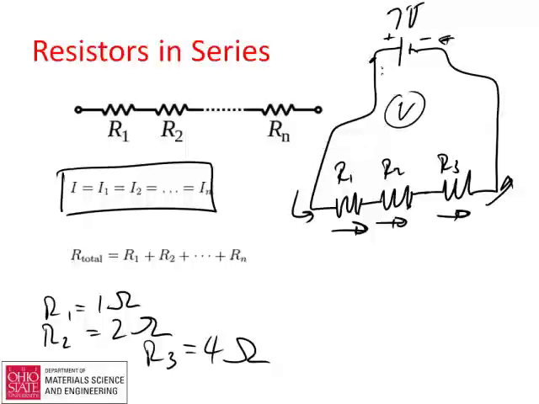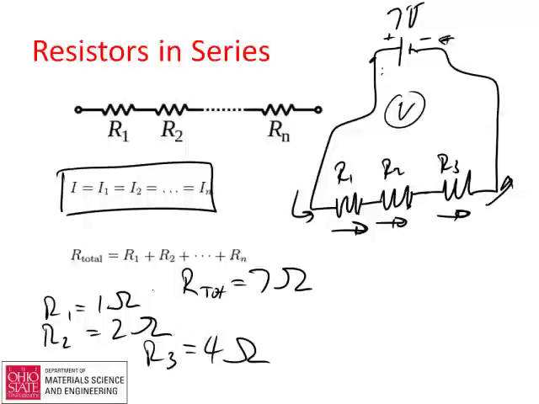Okay. So now, let's take on faith that the total resistance is equal to the sum of R1, R2, and R3. So if R1 is 1 ohm, R2 is 2 ohms, R3 is 4 ohms, add those up, R total is 7 ohms.